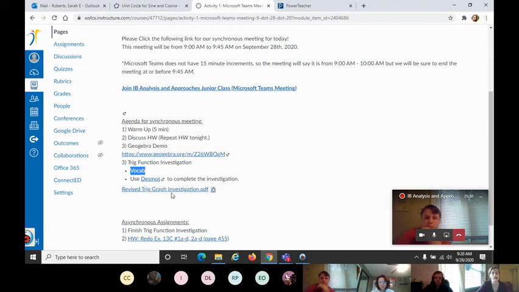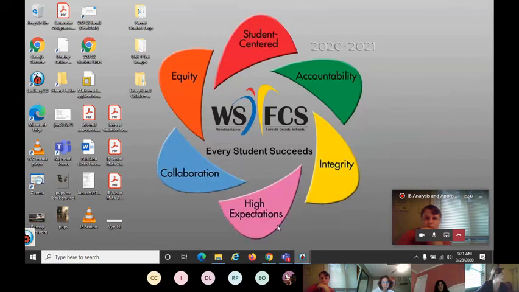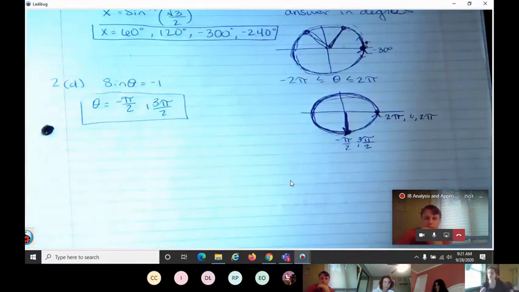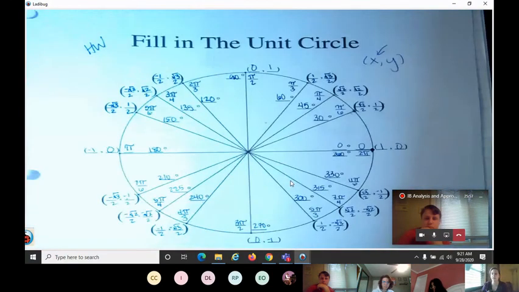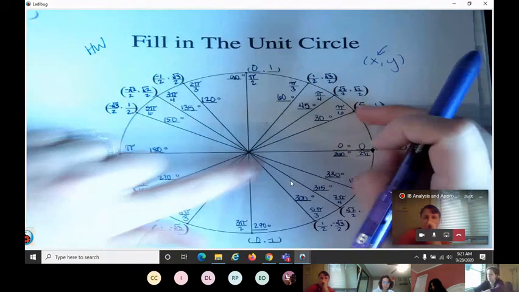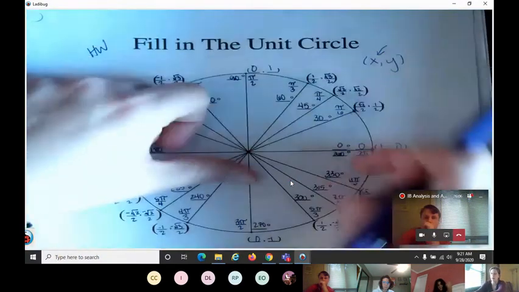The investigation is listed right here if you want to print it out. Before we go ahead and start this, if you have access to a printer and you want to take the time to print it out, you can go ahead and start doing that. I'm going to show you guys a little demonstration. Normally, I have this really cool lab activity where you take your unit circle that we made the other day, and you basically take dry spaghetti, and you break off the spaghetti pieces to get all the X and Y values linked.